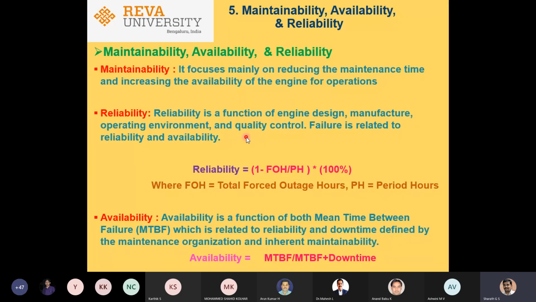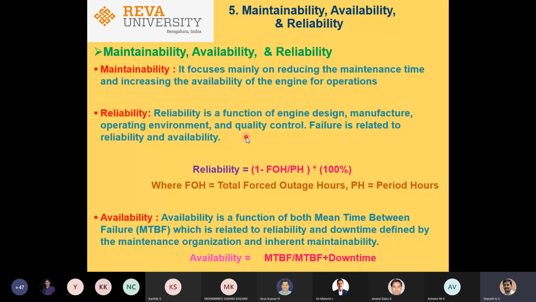For example, let us say an engine has a total technical life of, let us say, 3,600 hours given by the design engineer. So after considering many factors, after doing extensive research, the total technical life has been given as 3,600 hours. And the major rectification will be done at 1200 hours, the first major rectification, and the second major rectification will be done at 2400 hours.